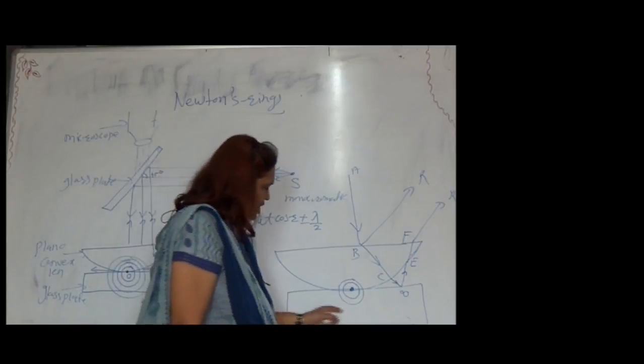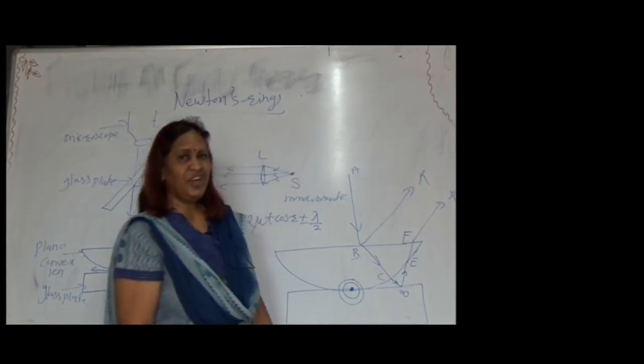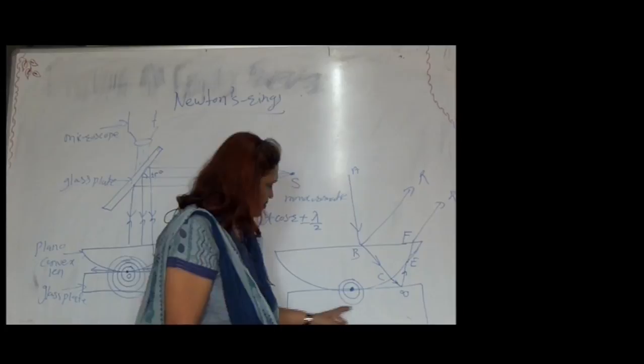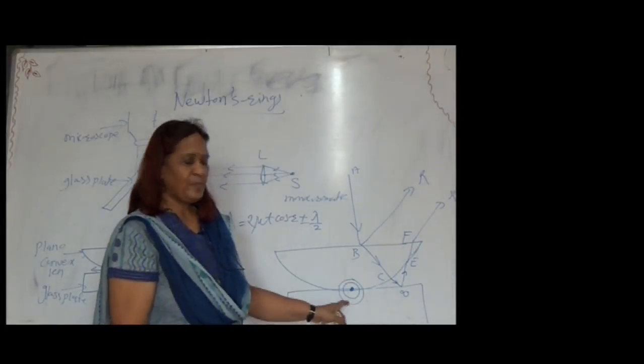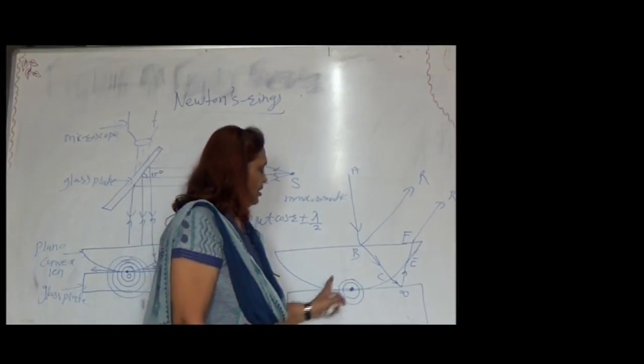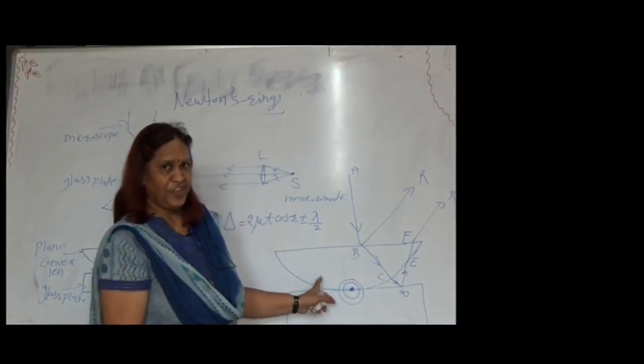Here the number of rings we are observing are of equal thickness around this point of contact. Each ring is the locus of points of a particular thickness of the thin film.